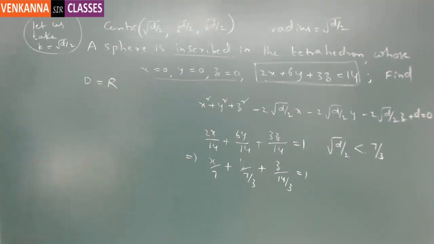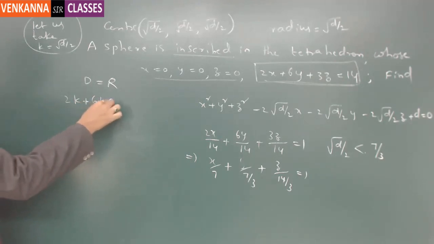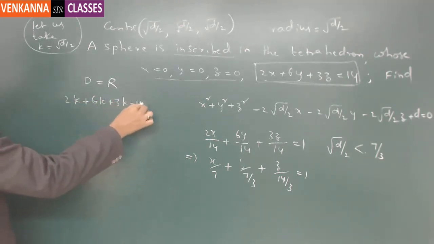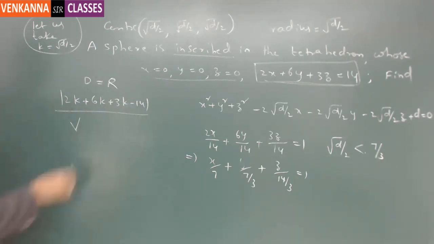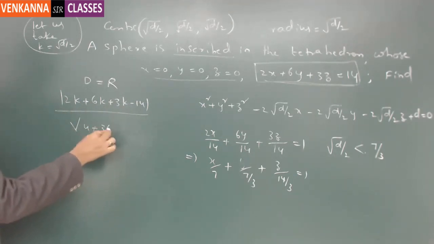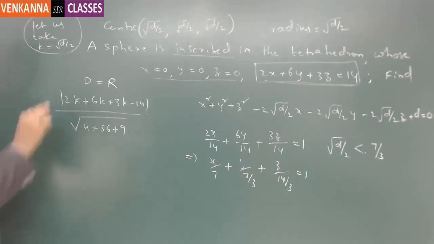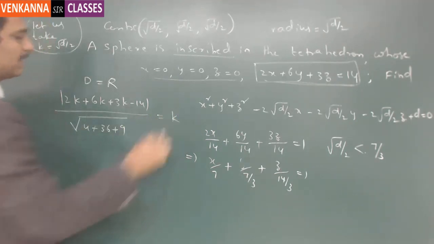So you are calculating distance from center of the sphere to plane. Since I have taken root d by 2 is equal to k, for convenience, it is modulus of 2k plus 6k plus 3k minus 14 by square root of 4 plus 36 plus 9 is equal to k, radius value.